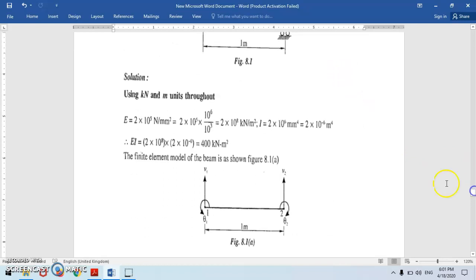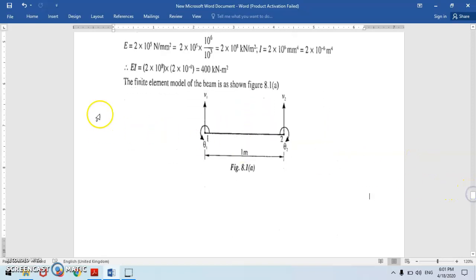So first Young's modulus will be converted into kilonewton per meter square. I will also be converting to meter raised to 4. If you multiply EI, then we will be getting 400 kilonewton meter square. So the first step is to write the given and convert all the units.